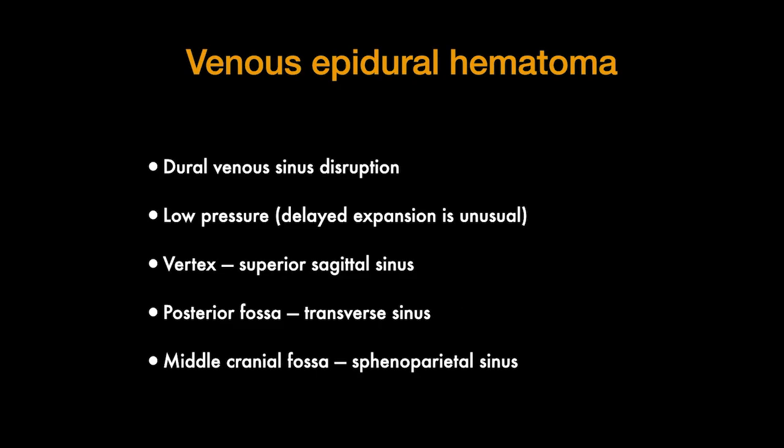Now, venous epidural hematomas, which are much lower in pressure, are due to dural venous sinus disruption. Again, low pressure, they rarely expand significantly, but they can get large. They're typically the hematomas associated with the vertex epidural hematoma from disruption of the superior sagittal sinus, or the posterior fossa from disruption of the transverse sinus, or the middle cranial fossa from disruption of the sphenoparietal sinus.